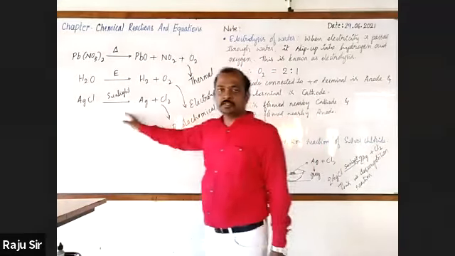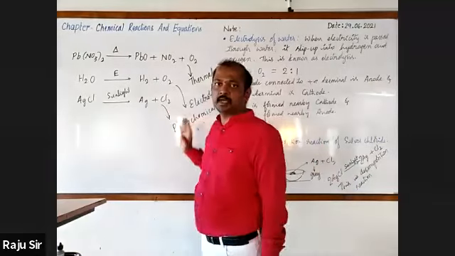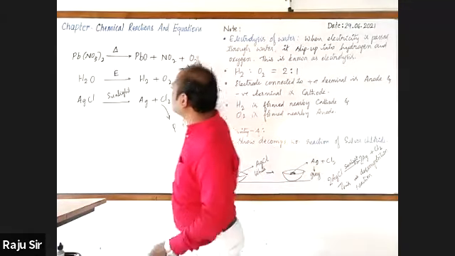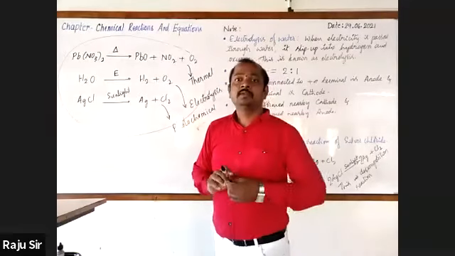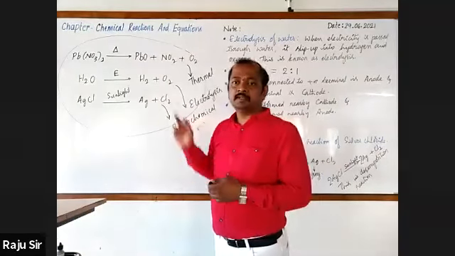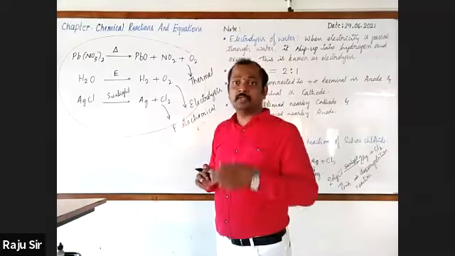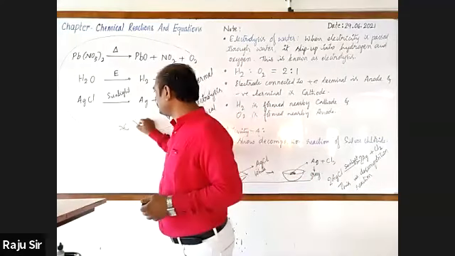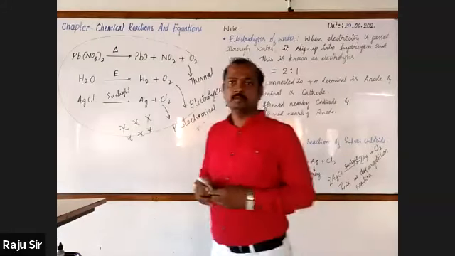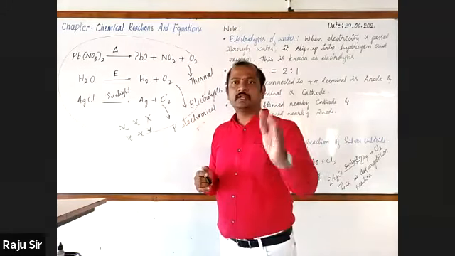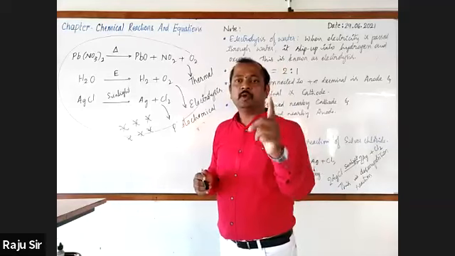And this is an example for photochemical reaction. And this concept is very important from the examination point of view, as more number of times they have asked this question in the examination. Types of decomposition reaction, definition, and one example.